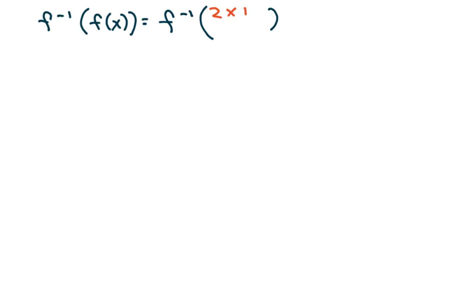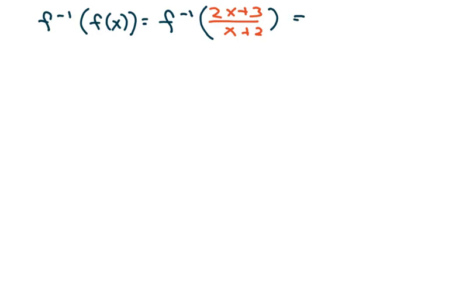All right, now let's go the other way. We're going to compose f inverse with f of x. So I get f inverse of my inner function, which is 2x plus 3 over x plus 2.